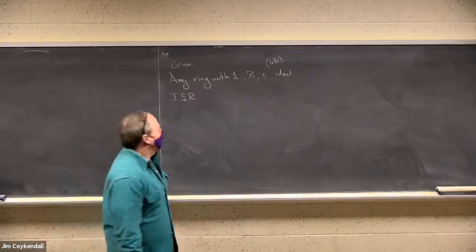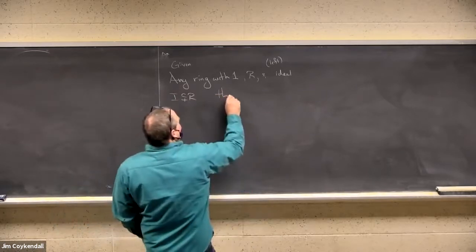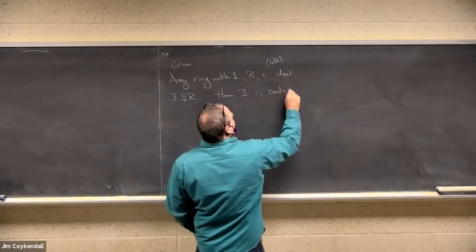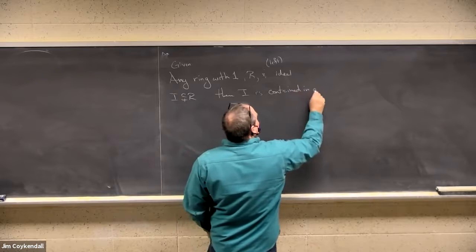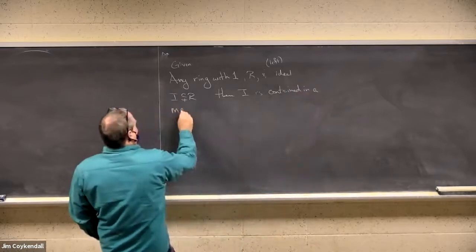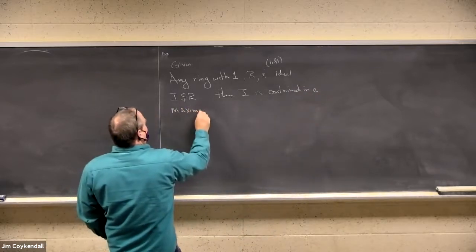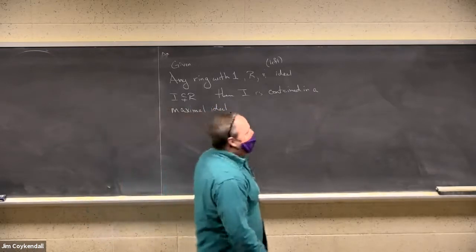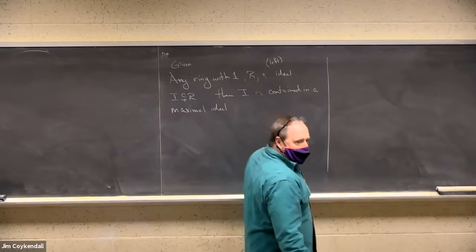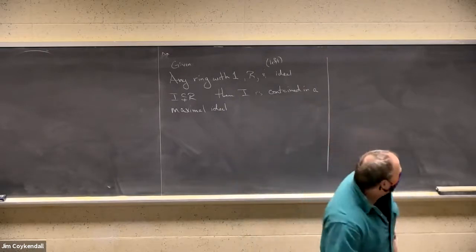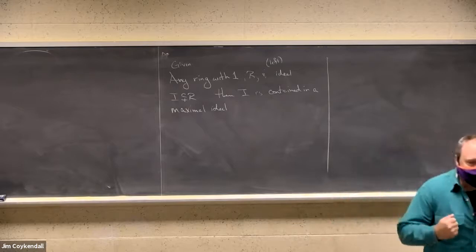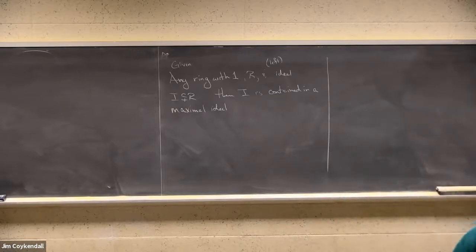Properly contained in R. This is what we got most of the way through last time. Let's go through what it was about again. The key here is we use Zorn's lemma, which is equivalent to the axiom of choice.